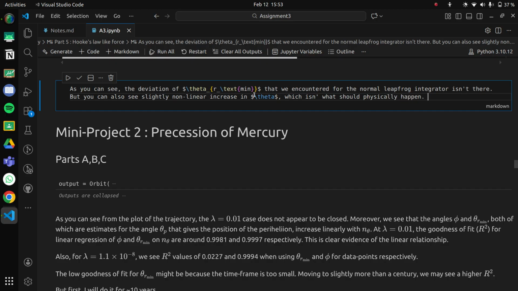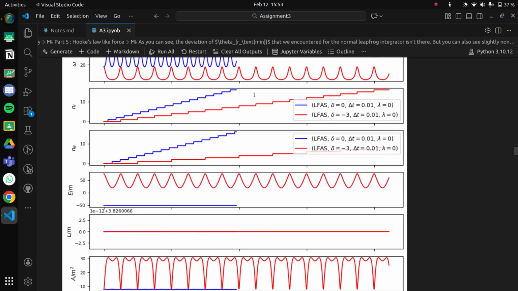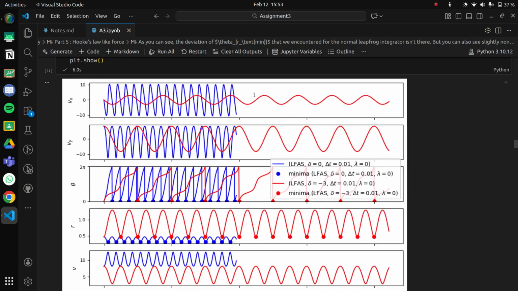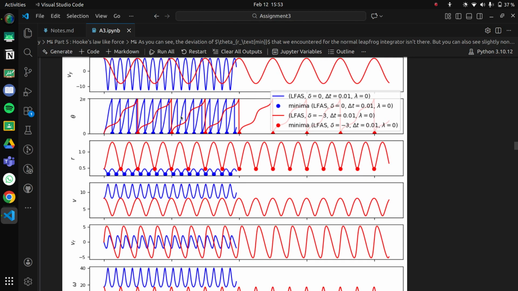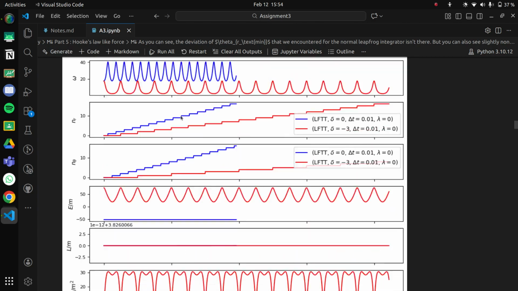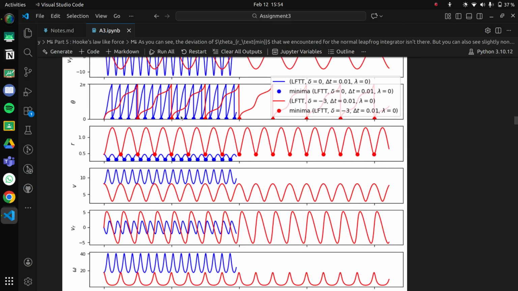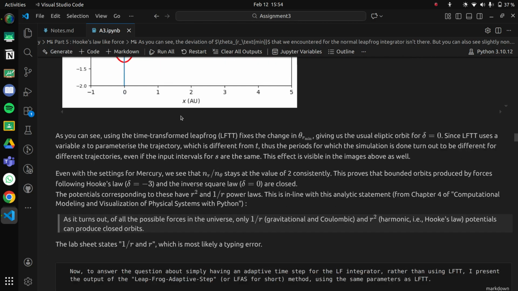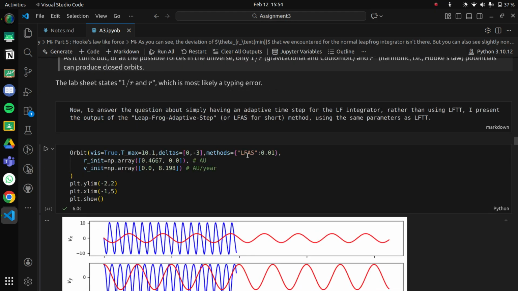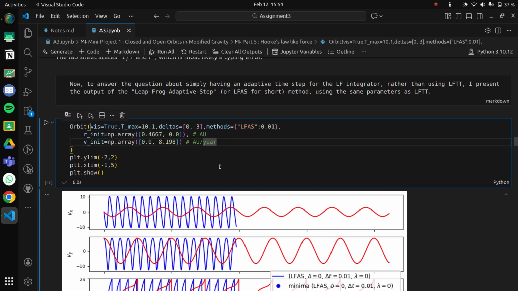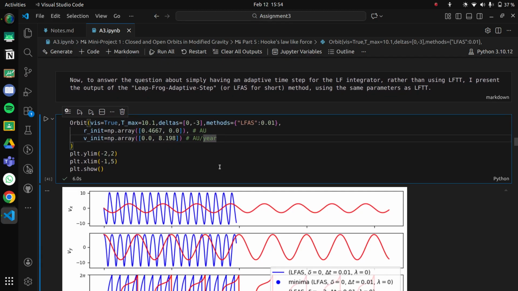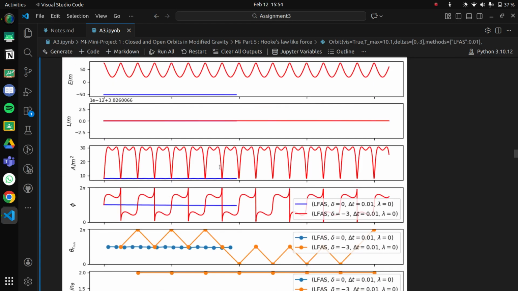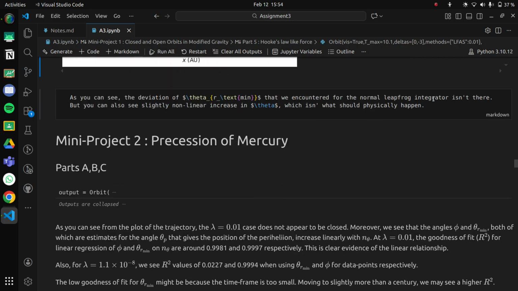Wait, is that right? Wait a second. Theta is increasing slightly non-linearly, I get that. What about in the previous one? How was theta increasing? It was also increasing. Okay, so it's practically the same thing. In fact, I can just put both of them. So it's basically the same thing.